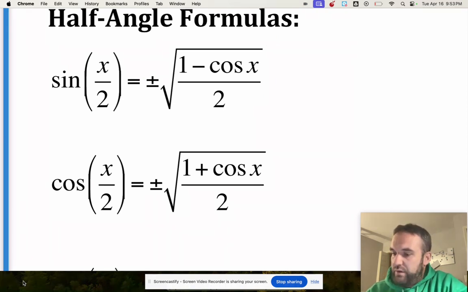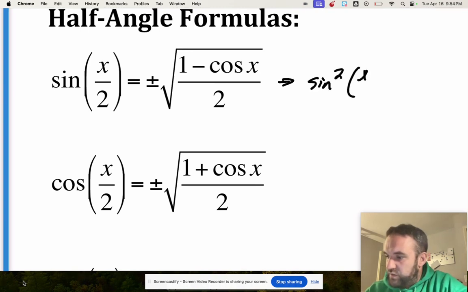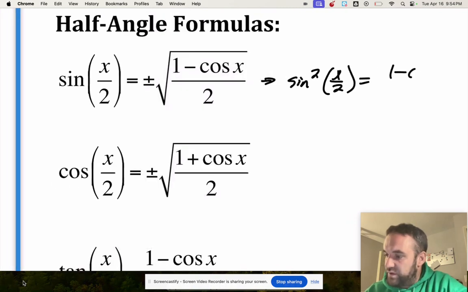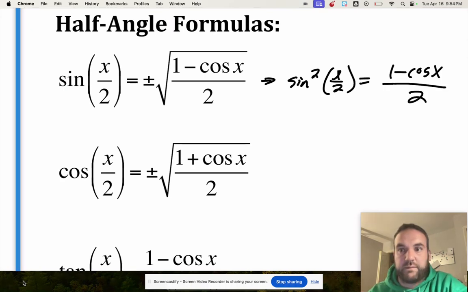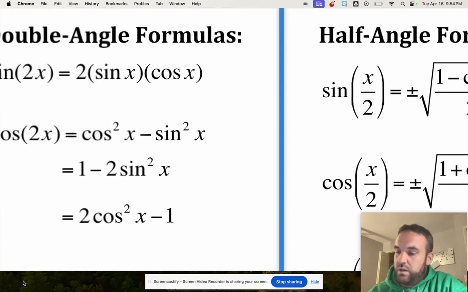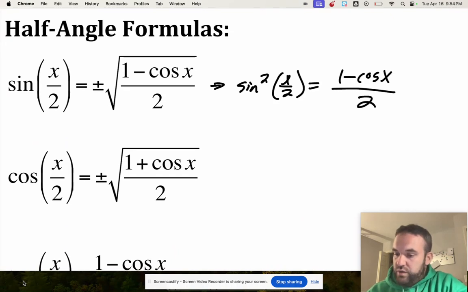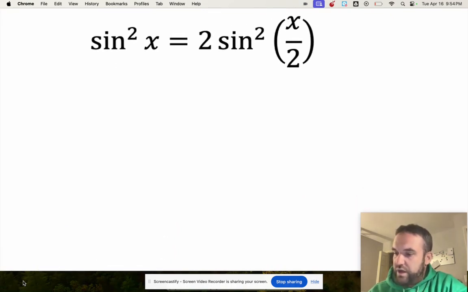So a variation of this would also be that sine squared of x over 2 is simply equal to 1 minus cosine of x over 2, or 1/2 times 1 minus cosine of x. So let's go ahead and jump back here. We're going to cash in on that.